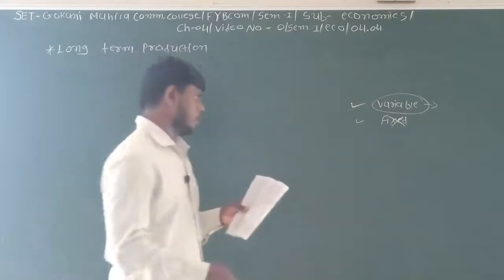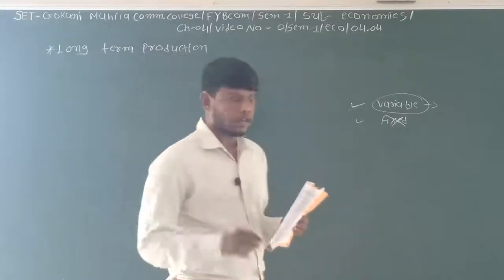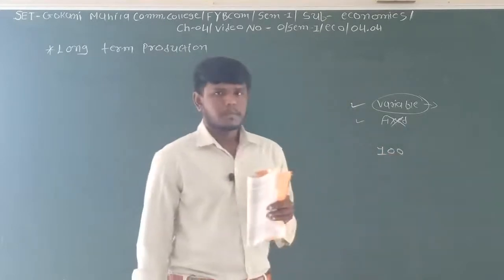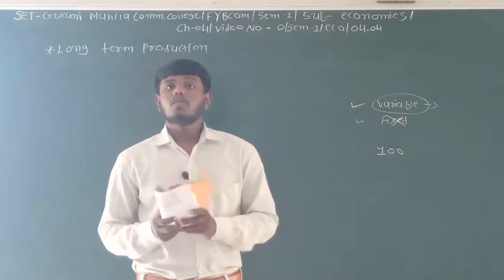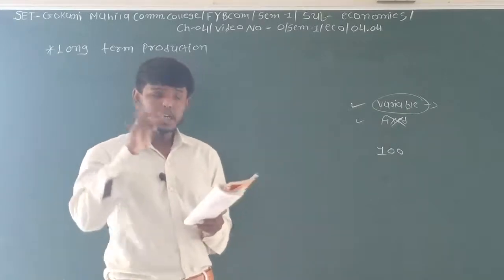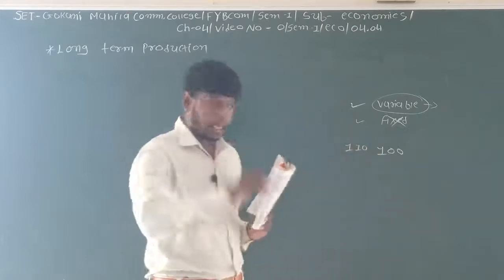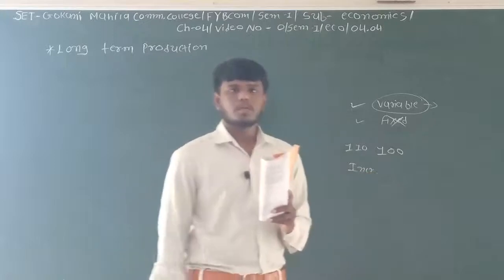Say for example, in the long term production system, the current demand of your product is 100, and if this demand increases from 100 to 110, you can increase the factors of production.